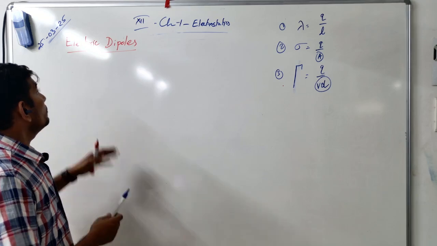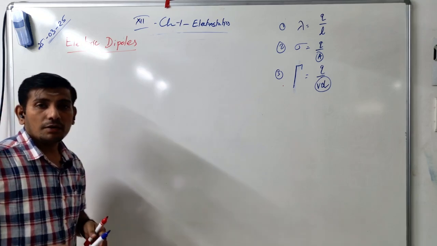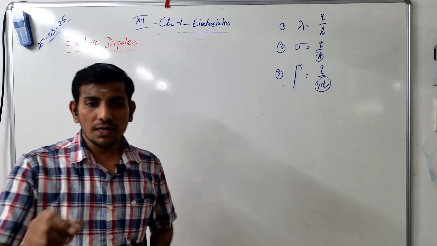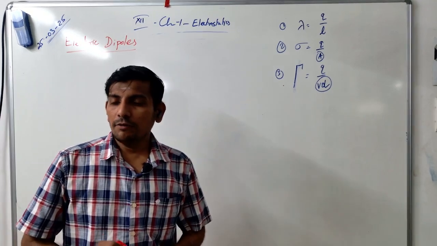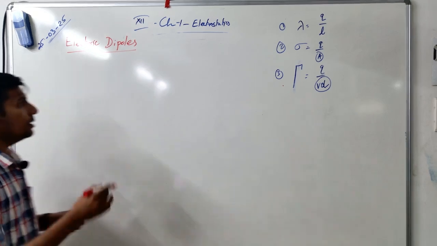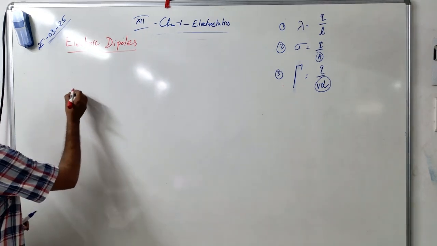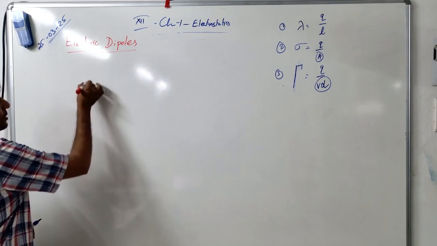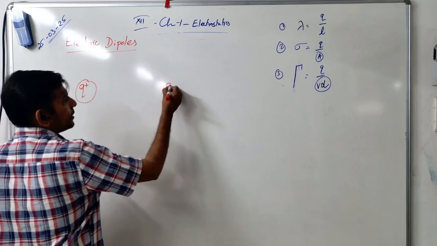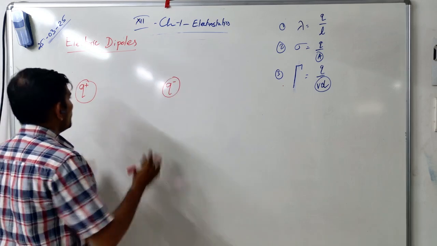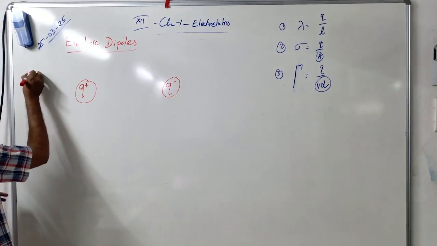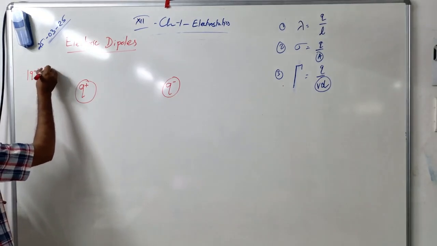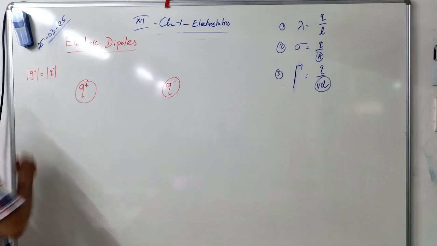Alright, children. Watch this. So electric dipoles are made of two equal and opposite charges separated by a very small distance. The perfect depiction of an electric dipole would be a positive charge Q plus and another charge Q minus, and magnitude wise Q plus should be equal to the magnitude of Q minus.